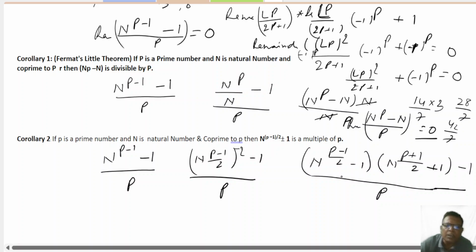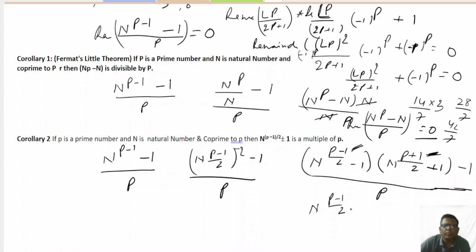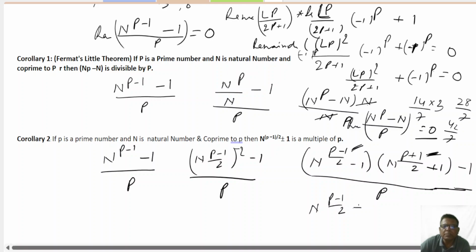So either this one will be divisible or this one will be divisible by p. So that means n to the power (p minus 1)/2 plus or minus 1 is divisible by p.